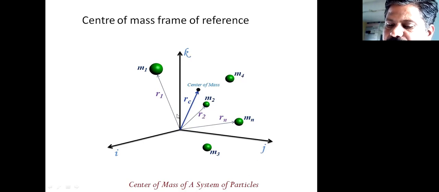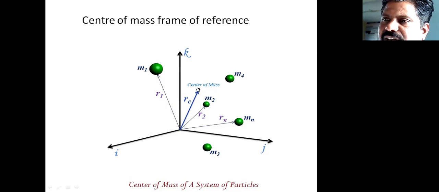If it is fixed with the center of mass of an isolated system, then the center of mass is at rest with respect to your inertial frame of reference.